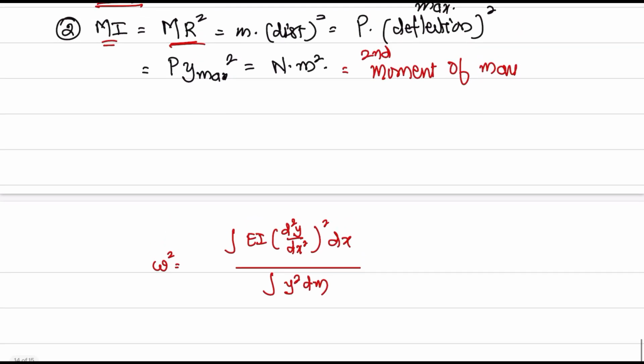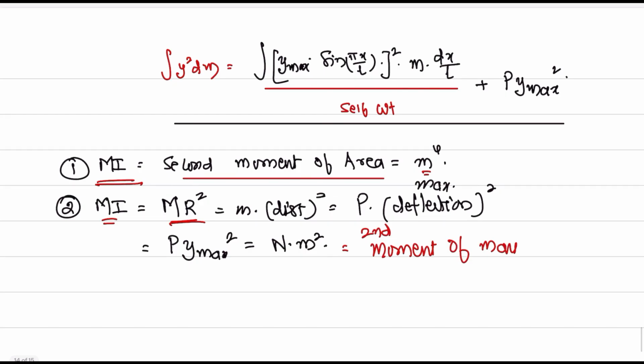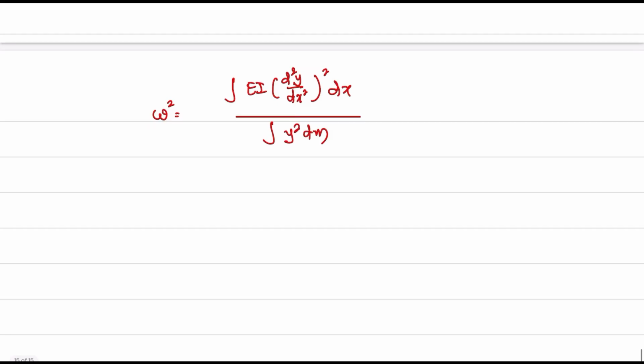I have given you everything. Y square is there with you, y square dm is there with you, and integral EI d square y by dx square whole square dx is there.